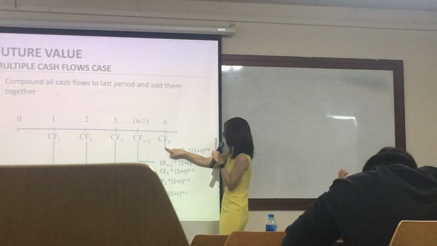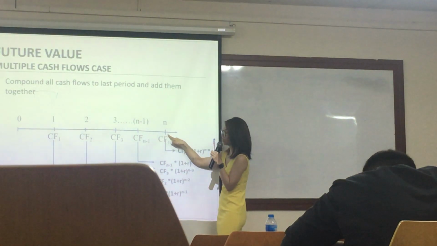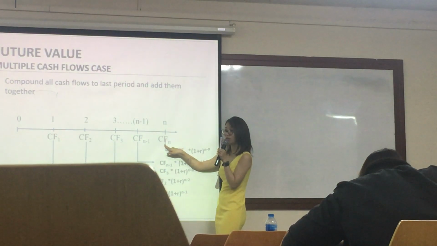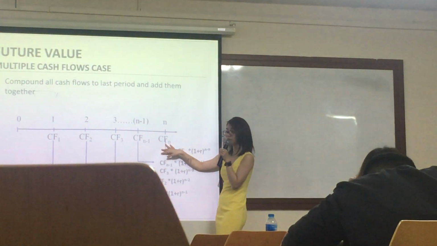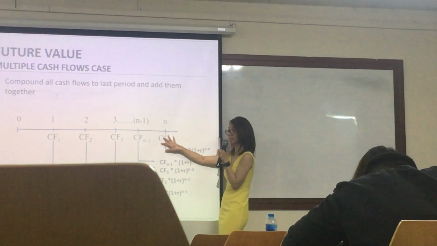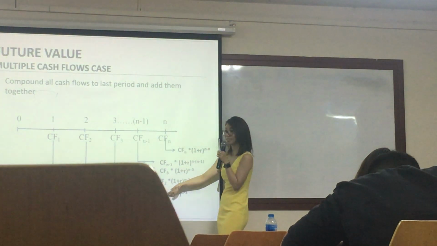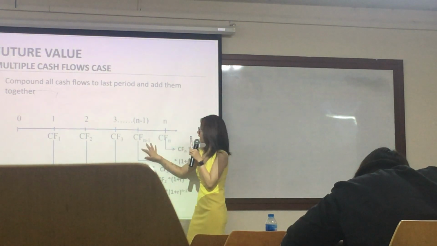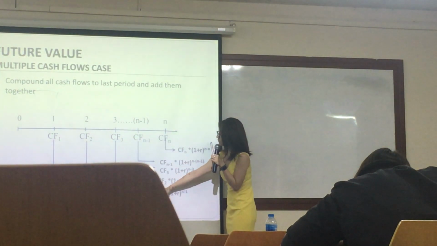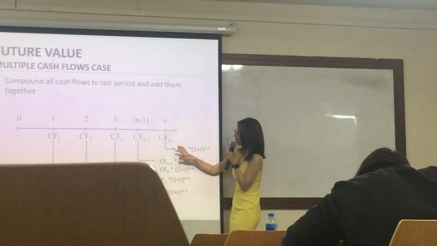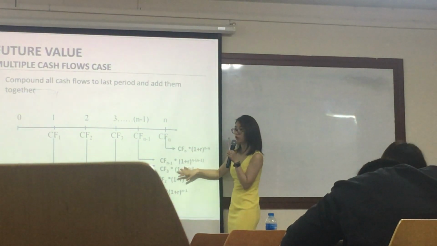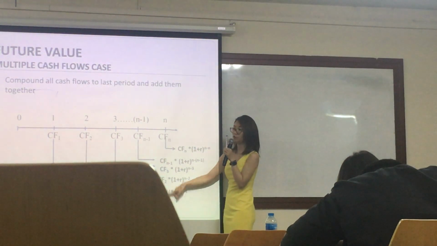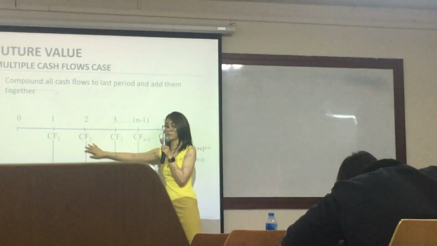For the cash flow that occurs at period n, the future value is exactly the cash flow itself, because it does not change anymore since it already occurs at n. It is similar for the other cash flows, so the future value of all the cash flows will be the sum of the future values of the single cash flows.